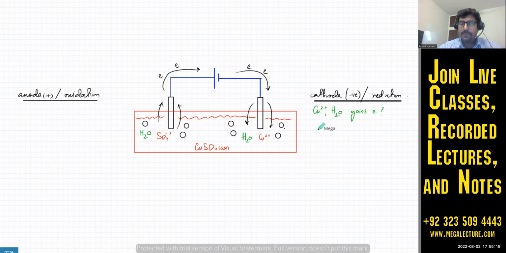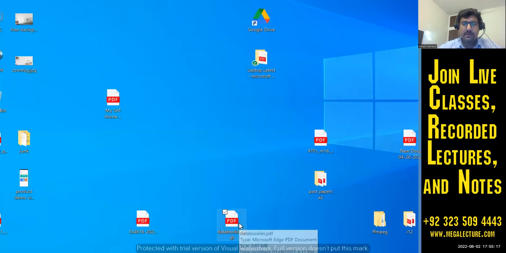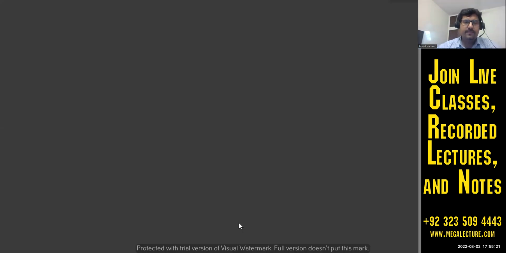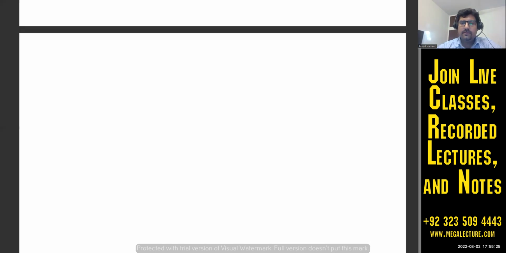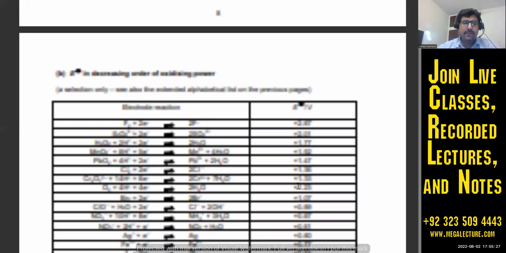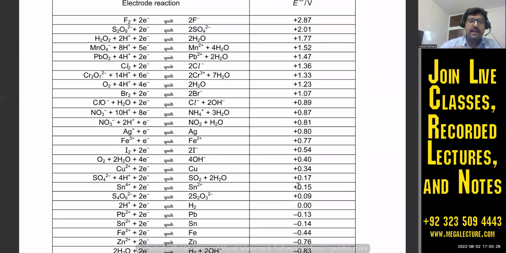So if I open the data booklet, here it is in front of you. Remember, I've got two options. I either have copper, where did copper go?